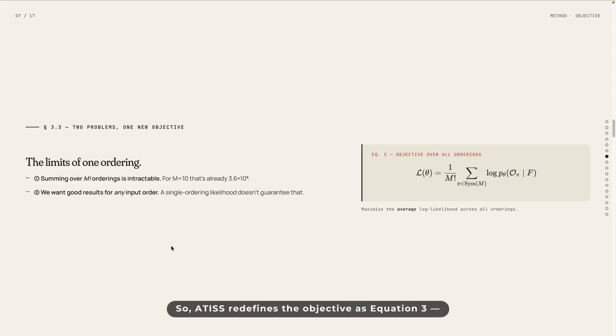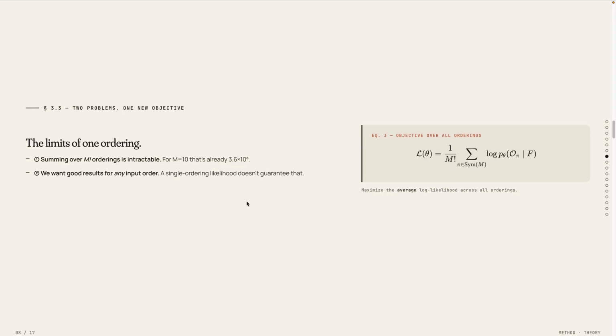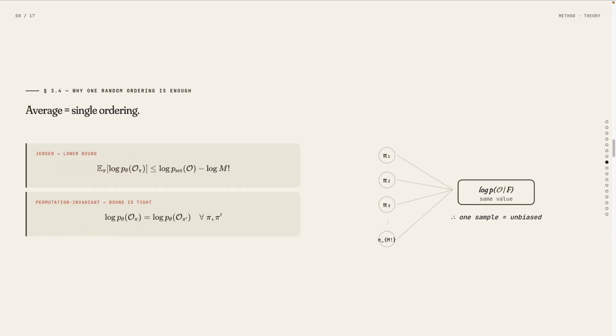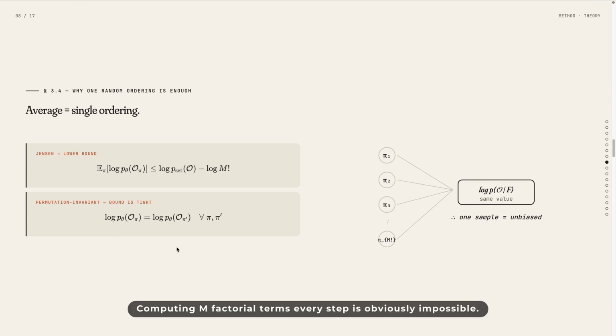So ATISS defines the objective as equation 3: maximize the average log likelihood over all possible orderings. Computing M factorial terms every step is obviously impossible. So in practice, we sample one random permutation and only optimize that one's likelihood.